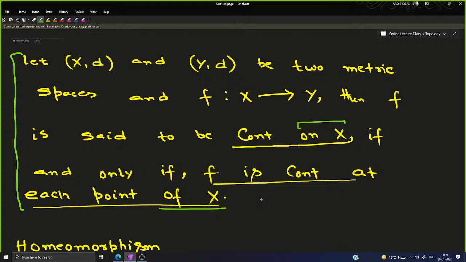Continuity on capital X means continuity at each point of X, right?